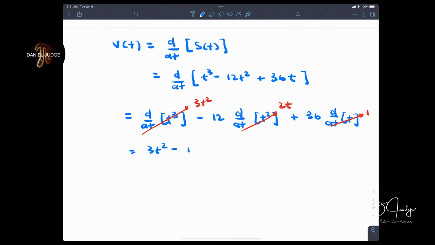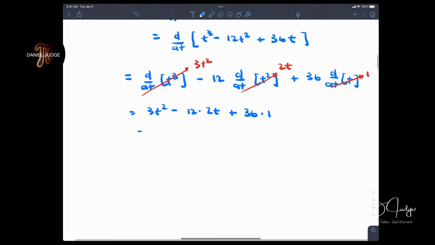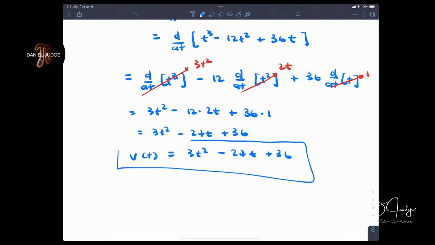So 3t squared minus 12 times 2t plus 36 times 1. So we get 3t squared minus 24t plus 36. So our velocity function, ladies and gentlemen, is what you see here.